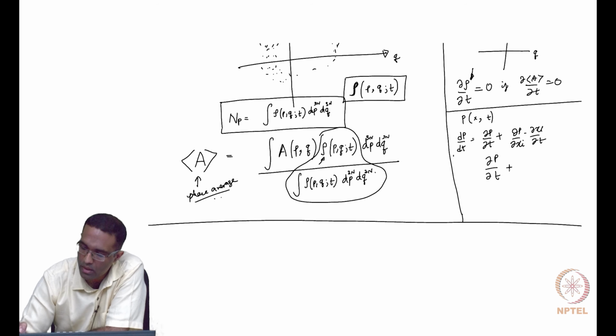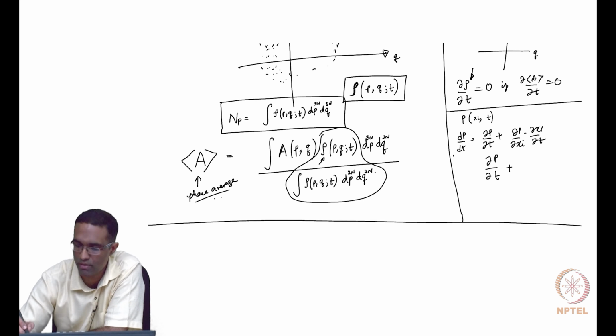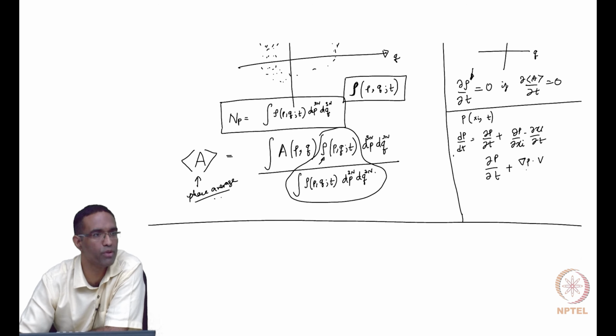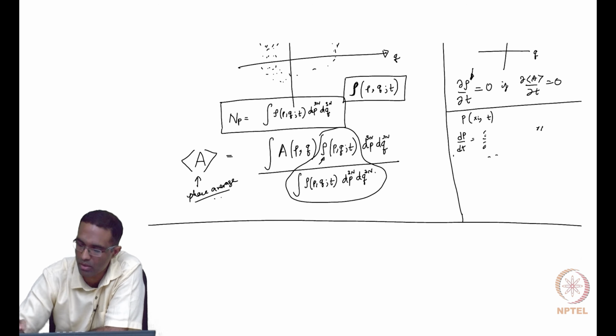Dou p by dou t plus dou p by dou xi, because p is a function of this xi, right, which is nothing but gradient of p dotted with the velocity, right. You have studied this before, you have seen this before, right. So I am going to write it down for this rho, that's it. There may be better derivations to do, but that is not needed for what I am trying to get at.